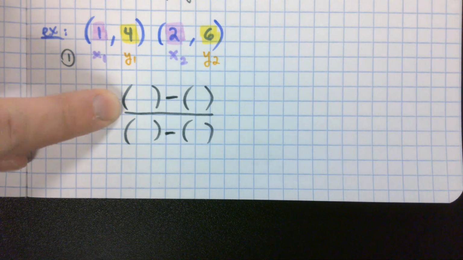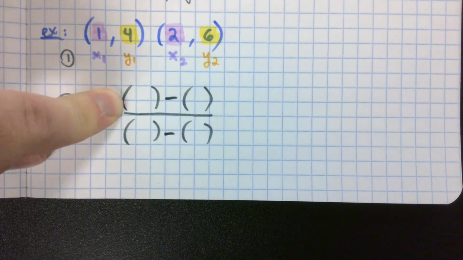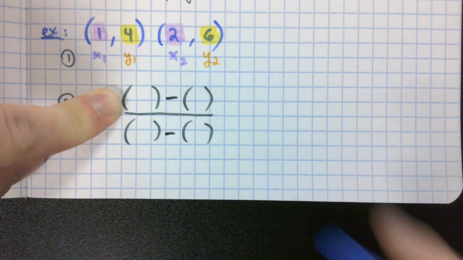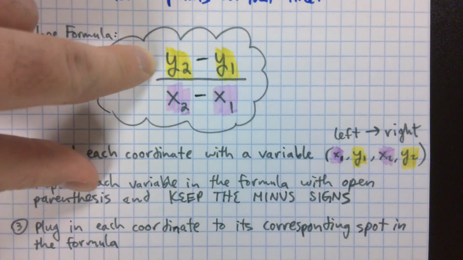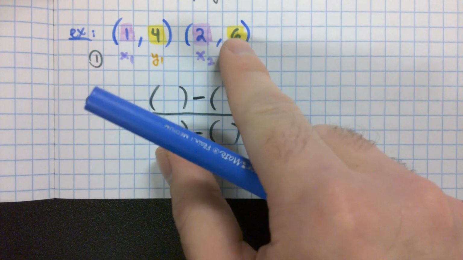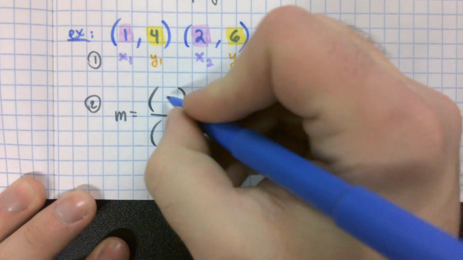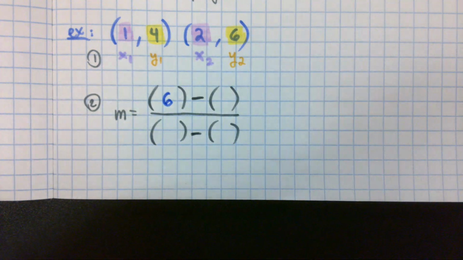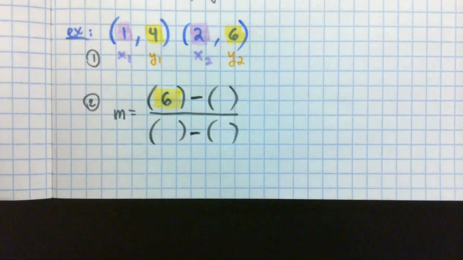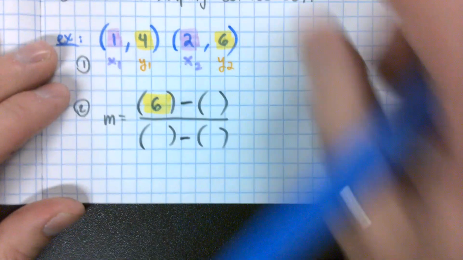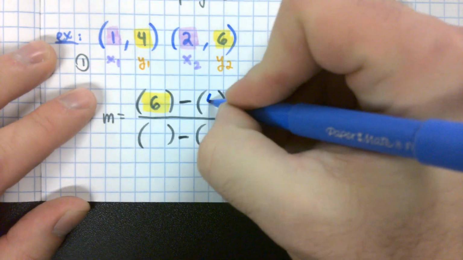So take a look. This very first variable that we took out, what was that variable in the formula? Y2. So which of these 4 numbers, 1, 4, 2, or 6, is my y2? 6. That's going to go right there, and I'm going to highlight it. After y2 comes y1, which was 4.